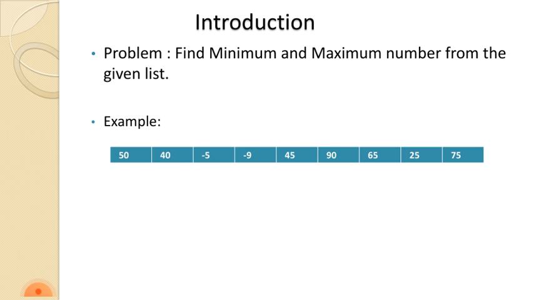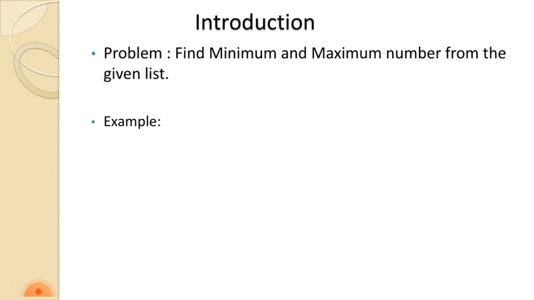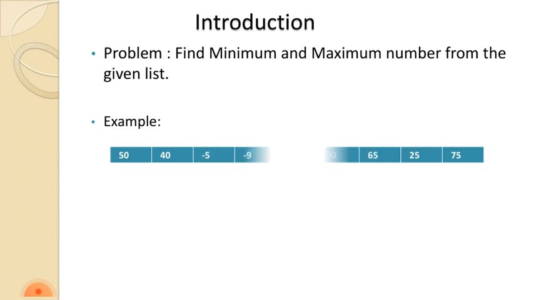When we check the number of comparisons in this classic algorithm, we can say that n minus 1 comparisons are required for finding the minimum value from this list, because we assume that the first element is the minimum, so we start comparing with the second element.